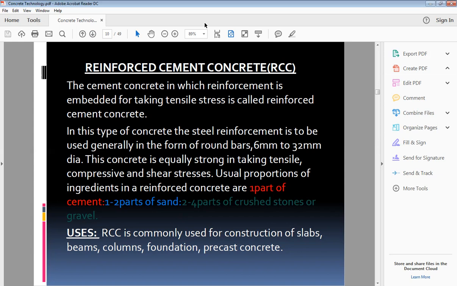That's why we provide reinforcement, which is strong against tensile stress. But reinforcement is weak in compression. In this manner, both components give better results in their respective areas.